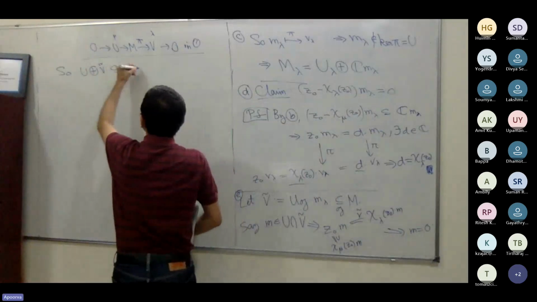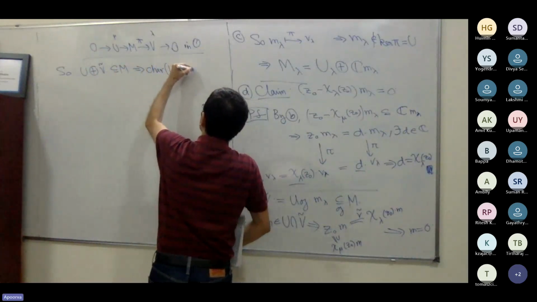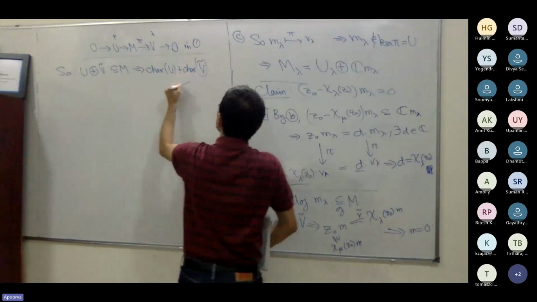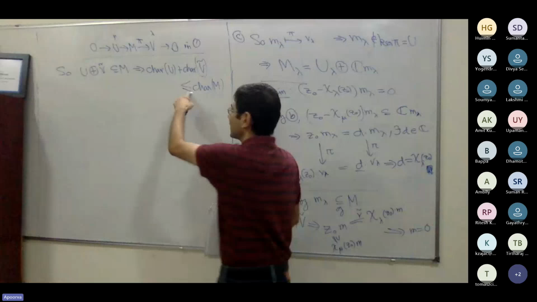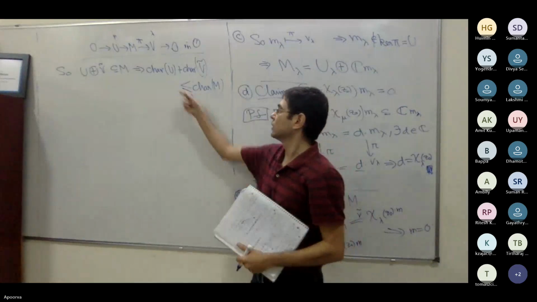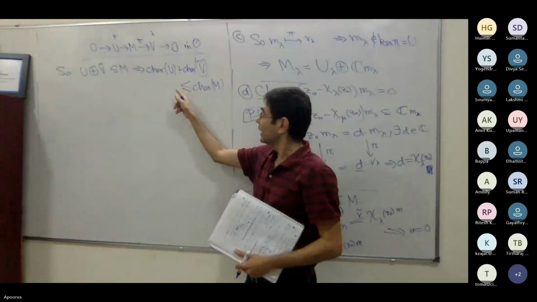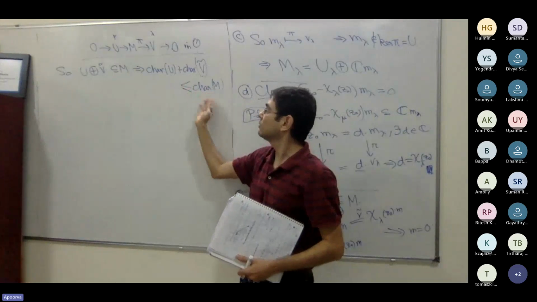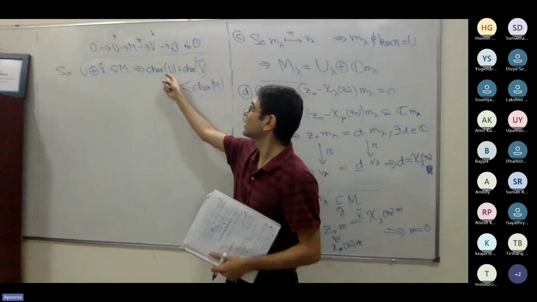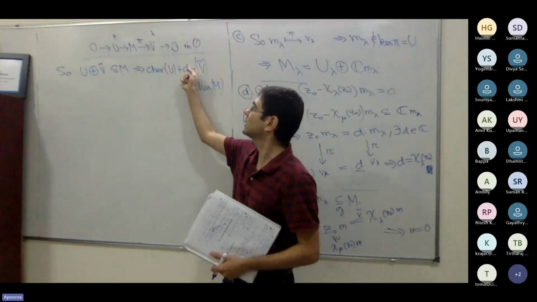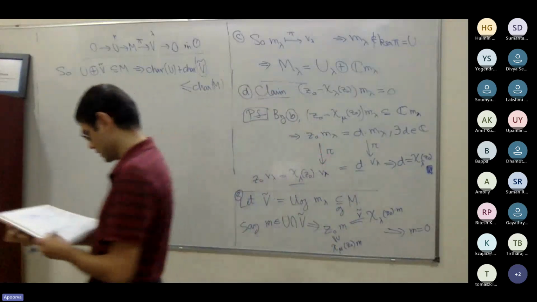So character U plus character V tilde is less than or equal to character M. When I say less than or equal for characters, it simply means that these are power series, take the difference, and term by term the difference is non-negative. In other words, in every dimension, the dimension of the mu weight space here is less than or equal to the dimension of the mu weight space.